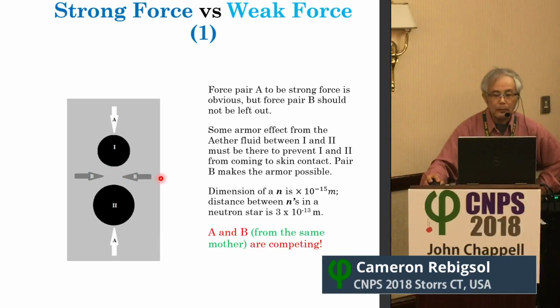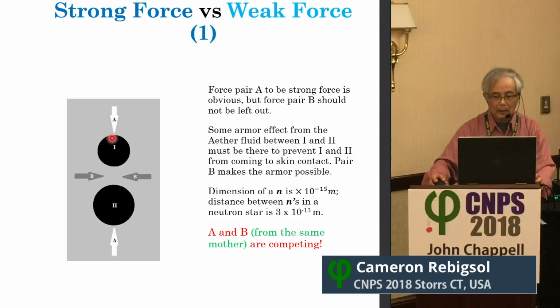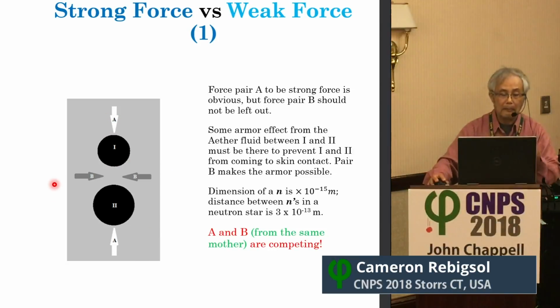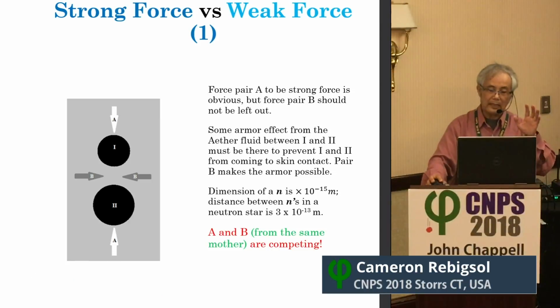Because ether pressure also has this direction, pushing the armor ether in this direction, so that the armor cannot be broken, separating particles 1 and 2. So actually, force pair A and force pair B are competing.